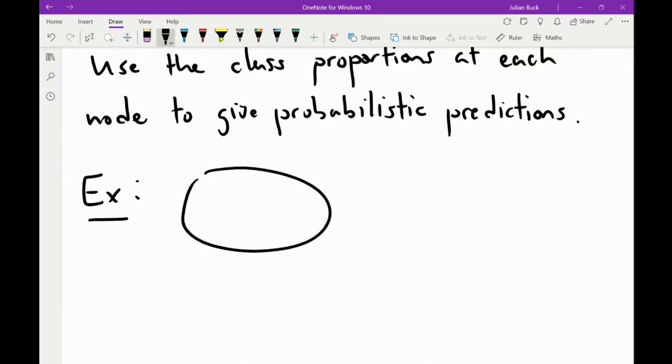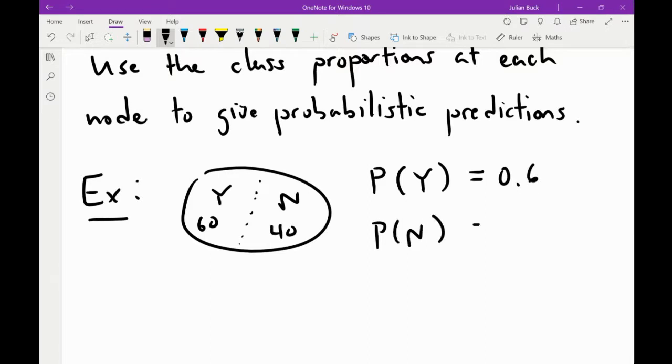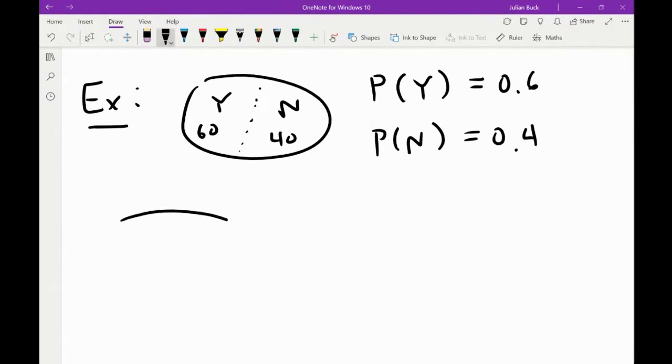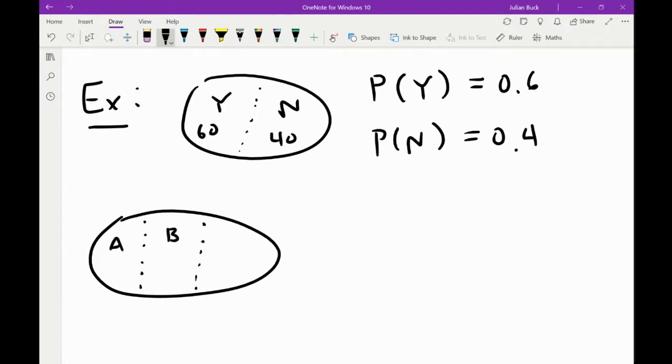Okay, so let me give an example of what I mean. Suppose we end up at a node at the bottom, and we're just answering a yes or no, so a binary classification problem. And in that node, there are 60 yes answers and 40 no answers. So then we would predict that the probability of a yes is 0.6 and the probability of a no is 0.4. Or another example, suppose we end up at the bottom and we're doing a multinomial classification with 3 categories, A, B, and C. There are 15 A's, 23 B's, and 31 C's.